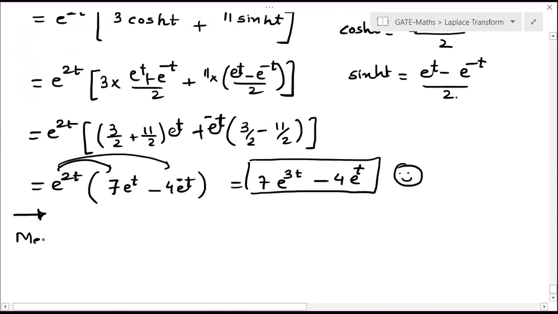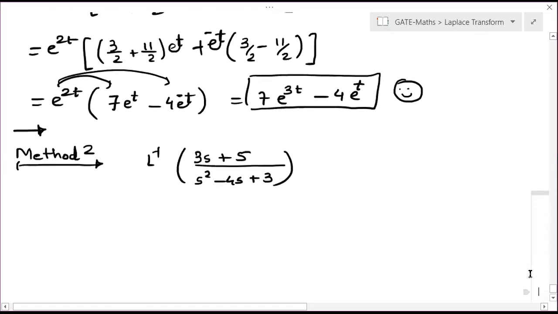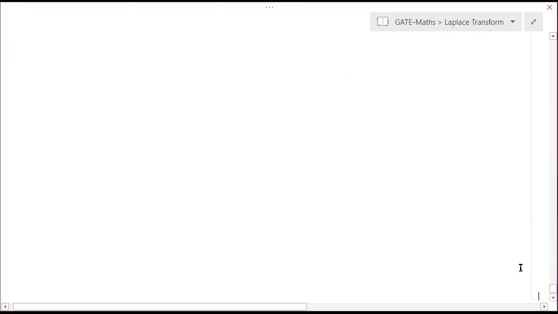Okay, now if you see over here, let us see another method, and that method we are going to use in so many questions. So here we are having Laplace inverse of 3s plus 5 divided by s square minus 4s plus 3. So this method you have already used in integration. If you remember, this method is called your partial fraction method. Now when can you use this method?